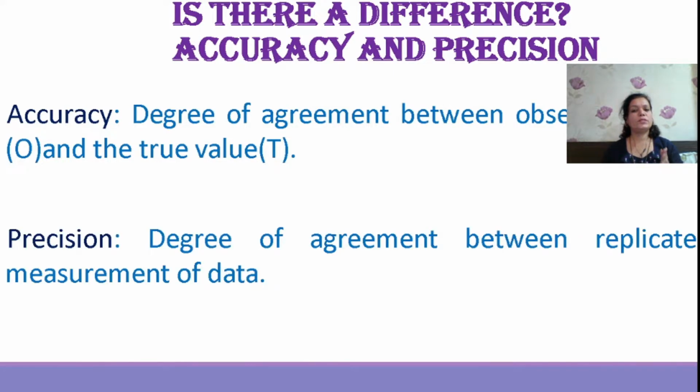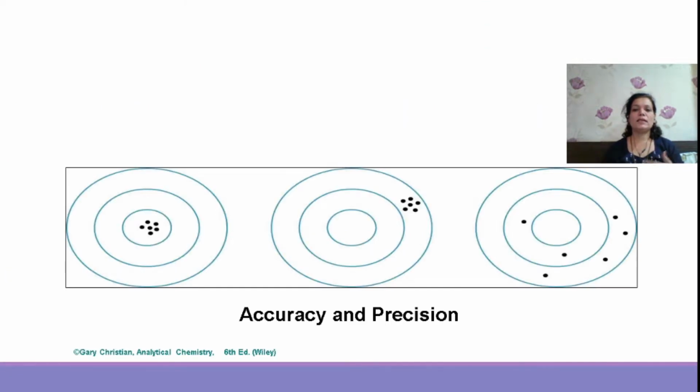And precision is the term utilized when you are unaware of the amount or the true value, and you perform the experiment repetitively and get the same results. So the degree of agreement between replicate measurements of the result is given by precision. These are the terms we have learned during our second year BSc course, and you are much aware of this.